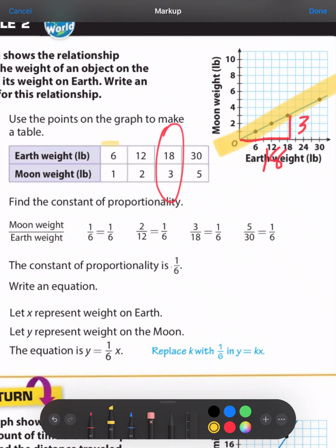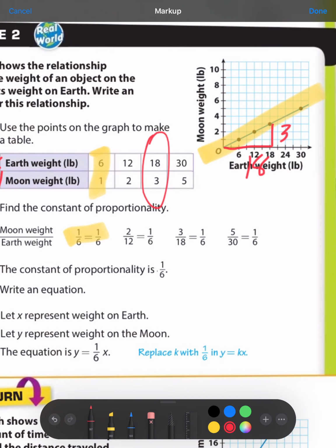So notice as we're going through this, here's 6, 1, and here's 6, 1 turns into 1 over 6, because remember, this is x and y. And to find our k, that is y divided by x. So then we've got 12 and 2.